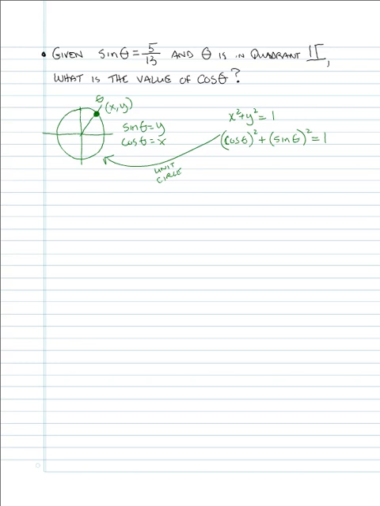Rather than writing cosine of theta in parentheses and sine of theta in parentheses, we get rid of the parentheses, and I'm going to put the sine value in front, and we write the square over the sine so it doesn't look like we're squaring theta. See, sine squared theta means we're taking the sine of theta and we're squaring the result. We're not squaring theta, okay? And rather than writing cosine of theta in parentheses squared, we write this as cosine squared theta equals 1. This is a critical identity.